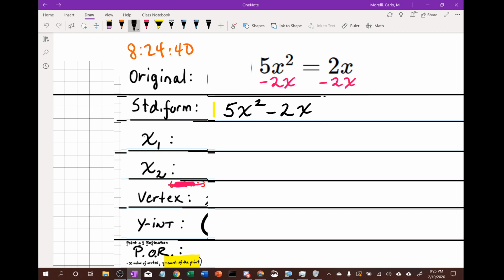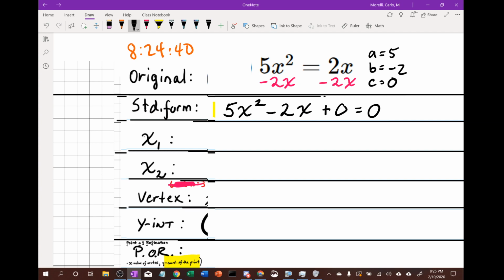So we put plus 0, because that might come in handy later, equals 0. So what's A? 5. What's B? Negative 2x. And C equals 0.